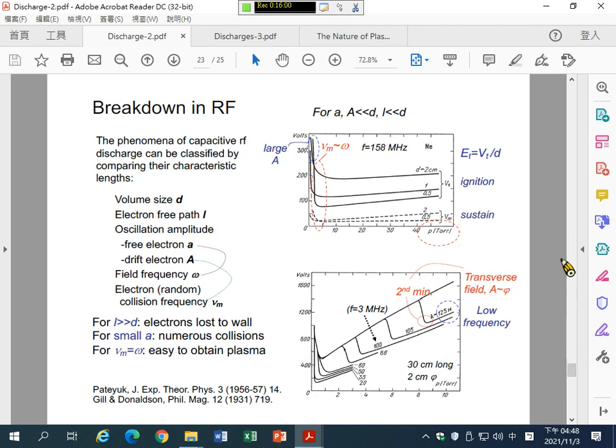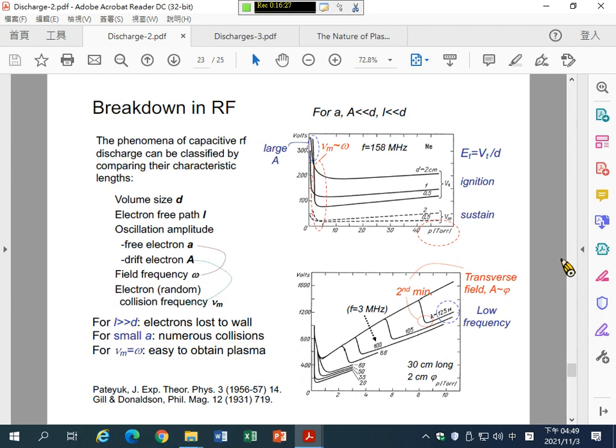In the RF discharge system, the discharge behavior looks like this curve, similar to the Paschen curve, but the horizontal axis parameter is pressure only. Again, there is an optimal region to generate plasma.